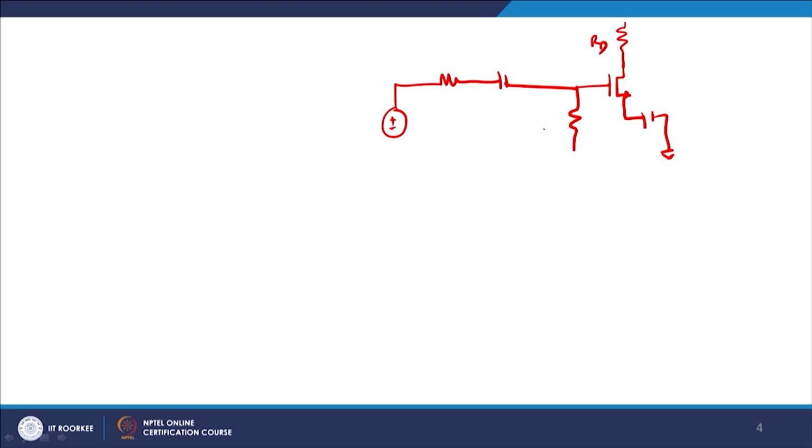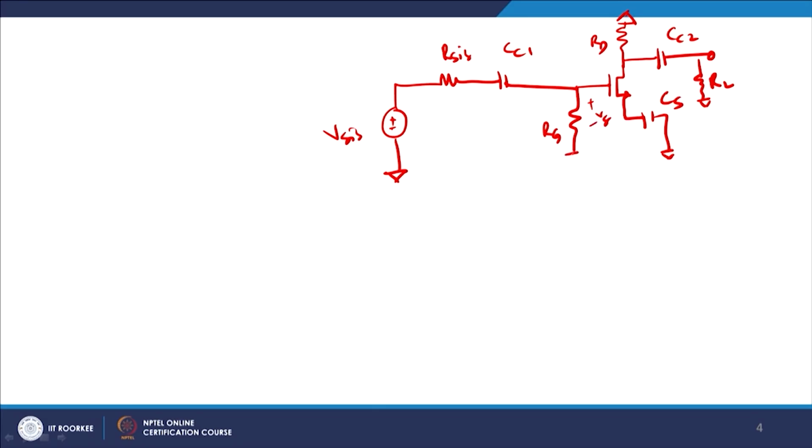So, this is RD, RG, CC1, Rsig, and this is Vsig. This is grounded, right, and then this is also grounded because DC biases are missing, and you have CC2, right, and then you have got RD or RL as part of it. This is CS, right, and this is your plus minus VG which you get.